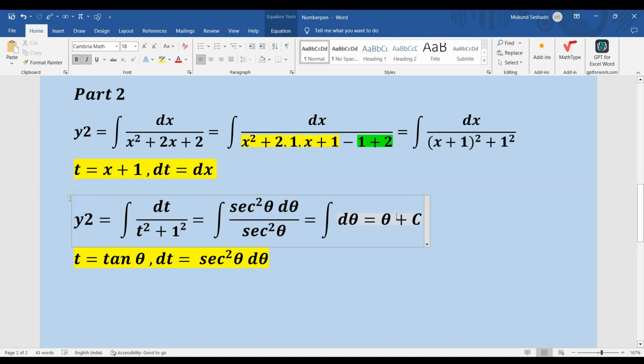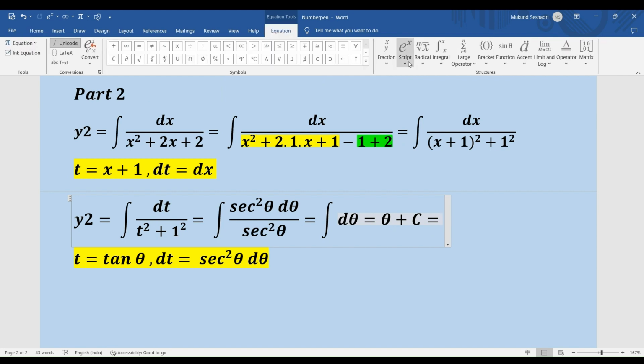So let's go back and first express our theta in terms of t and then in terms of x, right? So my t equals tan theta means my theta equals tan inverse of t. So I have my theta in terms of t, which is tan inverse of t plus my constant c, and what is my t in terms of x is x plus 1, right?